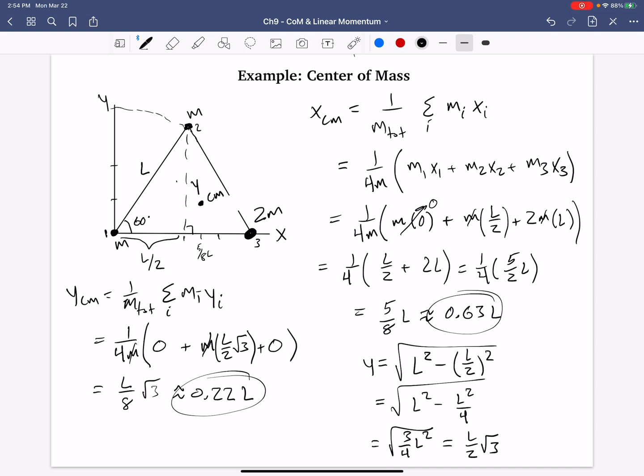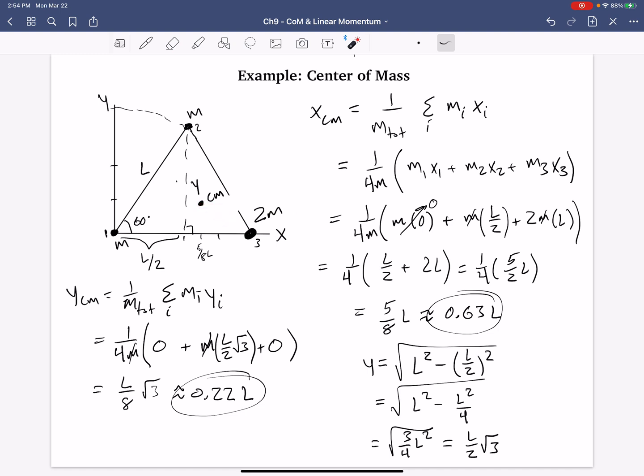I hope you've enjoyed this video. It's a fairly straightforward application of the center of mass algorithm. But if you think about it in terms of averages, that's what these terms effectively are. We can see that this 2m mass pulls the center of mass of the system towards it.